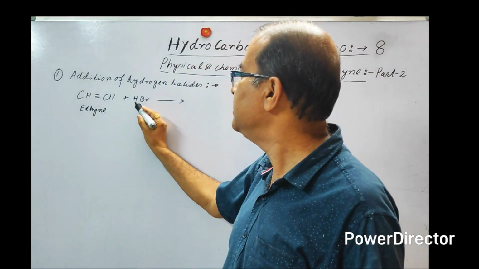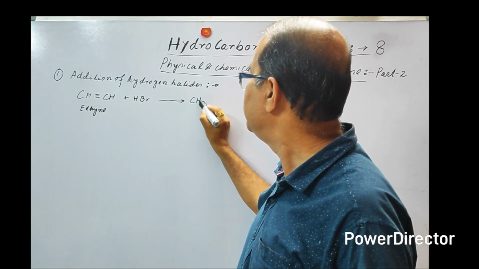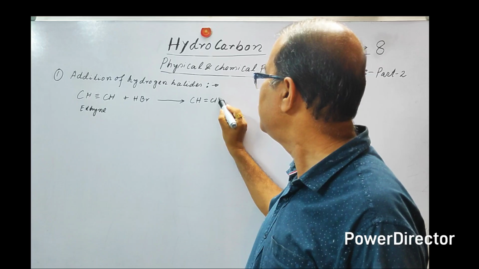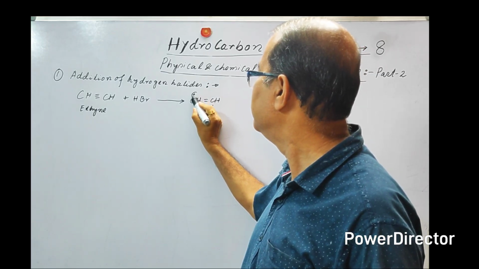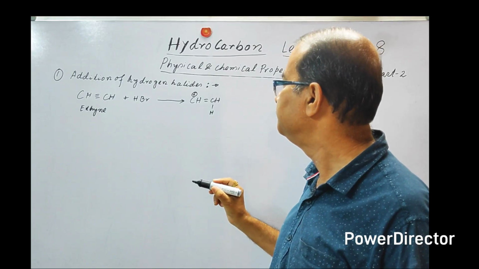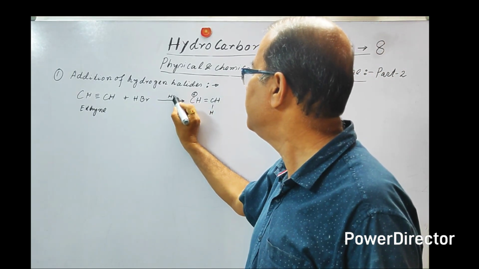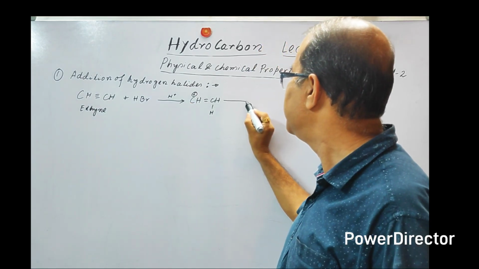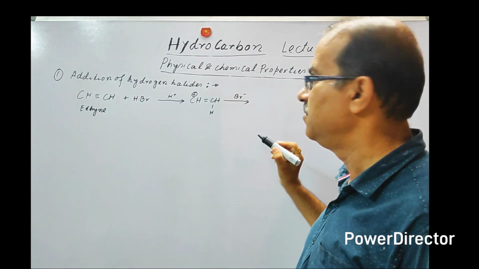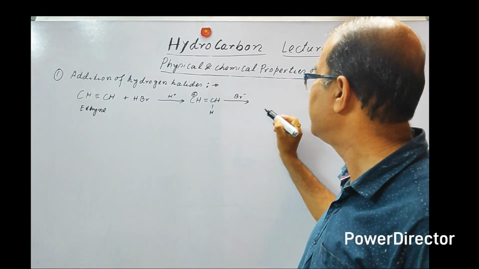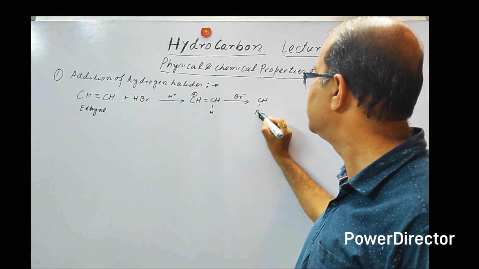One part, the H plus of HBr, will first act as the electrophile and produce a carbocation. Then the negative part, the Br minus ion, will be added to this slightly positively charged carbon atom, and it is going to produce this.